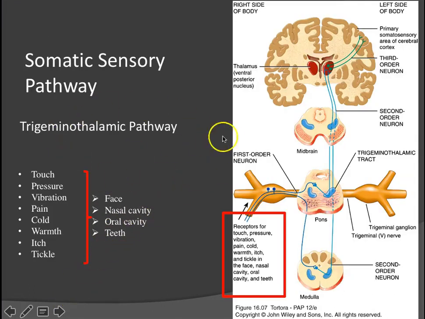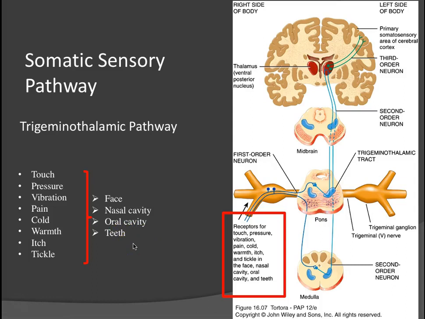And then the last tract is something called the trigeminal thalamic pathway. You probably remember the trigeminal nerve, right, from lab. So this is going to give you all that information that we didn't cover in the face, nasal cavity, oral cavity, teeth. Okay, you don't really have proprioception because where's your nose going? It's not moving anywhere, right?